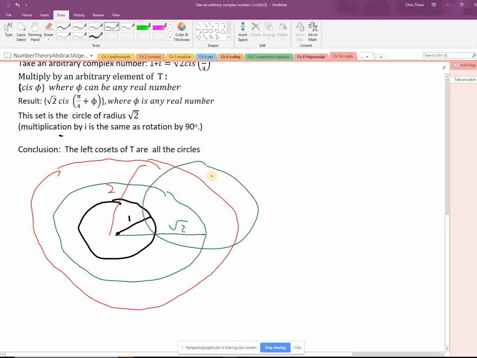Why? Well, the thing is that certainly elements of this circle are in cosets, but they're not all in the same coset.